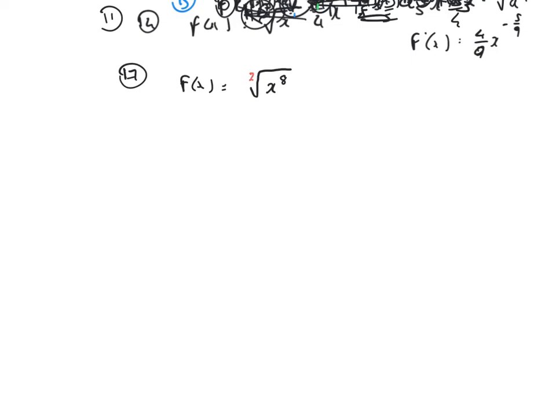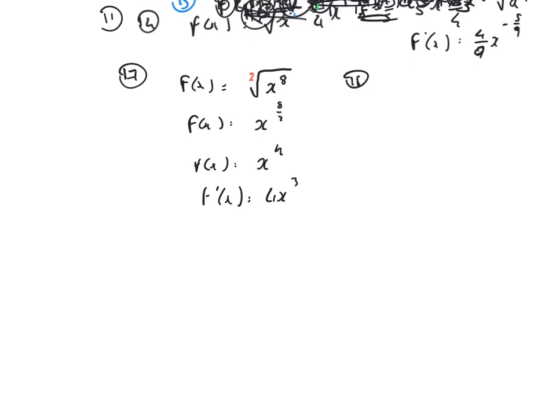That is the square root, so that's a 2 up there. So that will be f of x equals x to the 8 over 2. 8 over 2 is 4, so that's x to the 4. I can now differentiate, bring the power down, multiply, take 1 away from the power, 4x cubed.